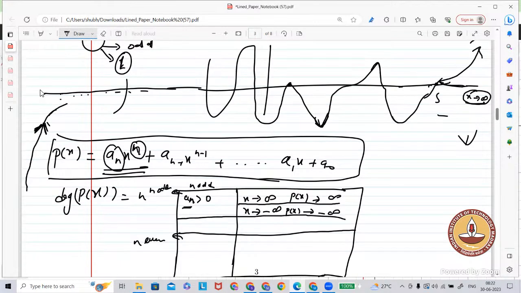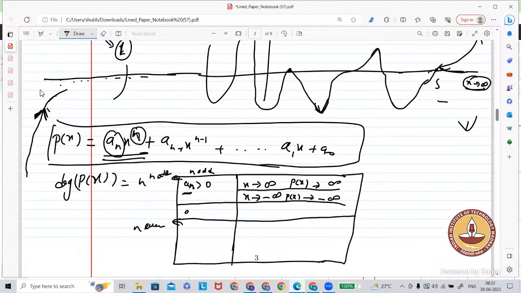This is one thing. Now, if an is negative, what is going to happen in that case? If an is negative and you are giving a very large positive number, you will still get a very large negative number.